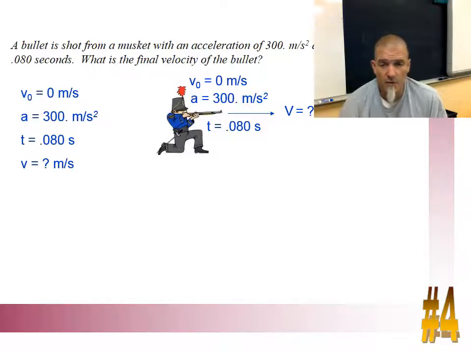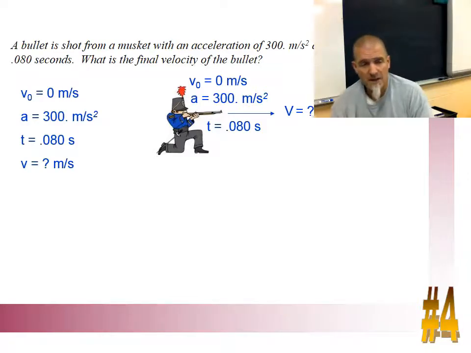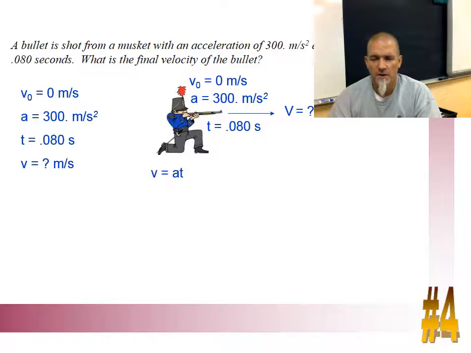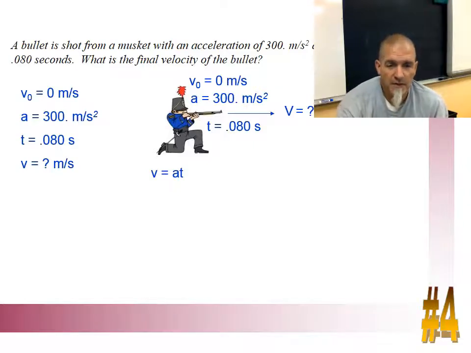So now we go look at our equations, and we have a couple options here. We could use the very first equation, V equals V0 plus AT, and just plug in the 0 and go from there. However, I think it's a little simpler just to jump to using this equation, I love it, and plug in. Equation number 4 is what I think I would use.